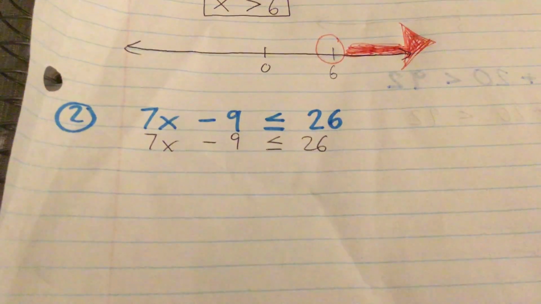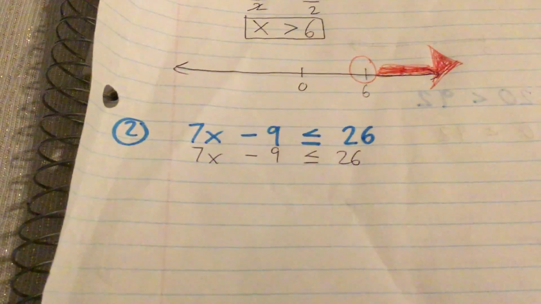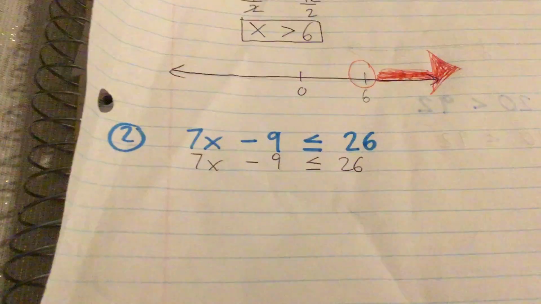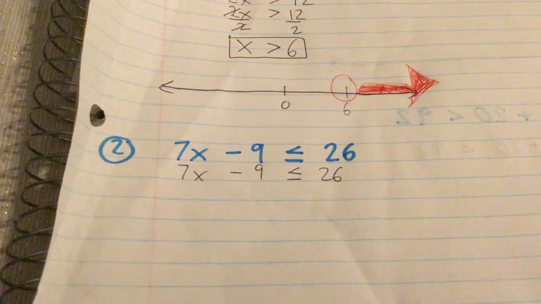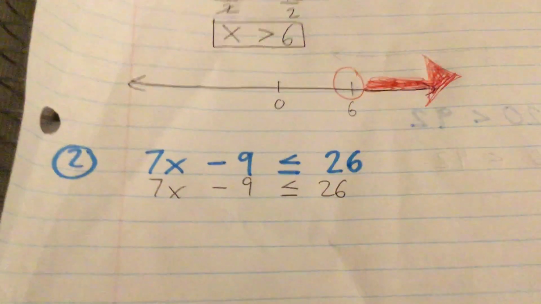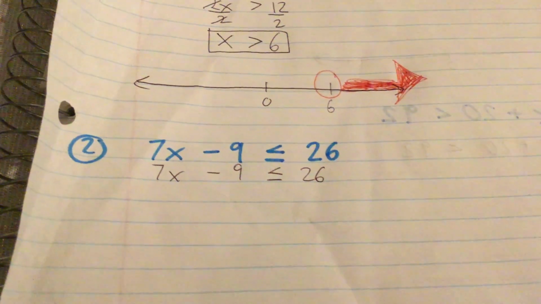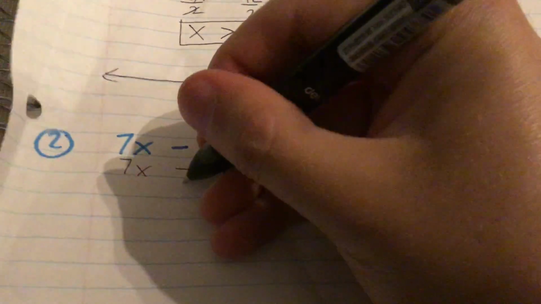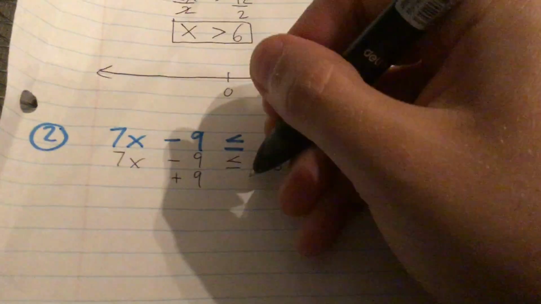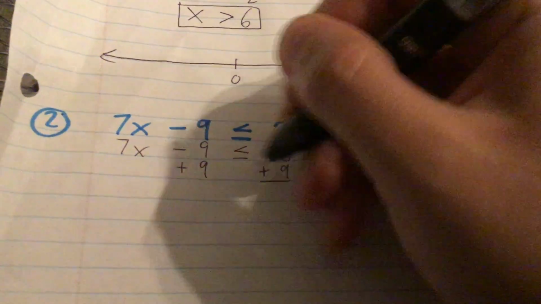Number 2, 7x minus 9 is less than or equal to 26. Well, if this was an equation, we would solve it as such. We're going to add 9 to both sides.